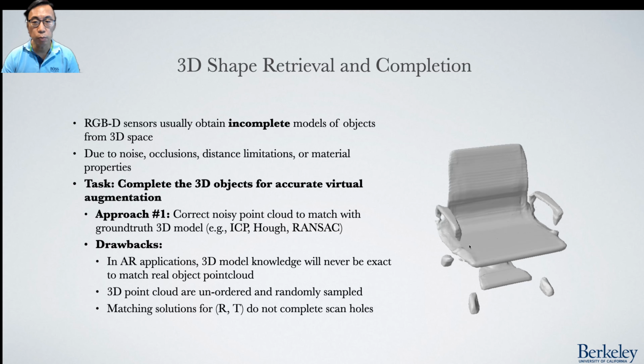Second, 3D point clouds are unordered and randomly sampled. Therefore, it is difficult to solve for exact point-to-point correspondence between 2 point clouds. Number 3, even if we can solve for a stable matching for rotation and translation, the transformed point cloud will still retain scan holes, and the above algorithms lack the information about how the scan holes should be compensated.